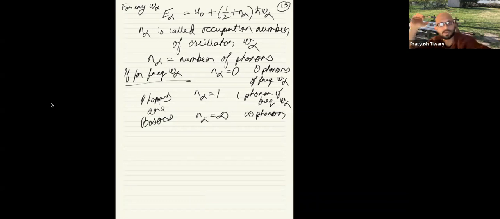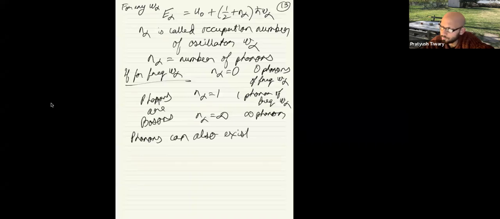One point I want to make here, which used to confuse me as a grad student, is that phonons can exist in classical mechanics also. Here I showed you phonons by introducing quantum mechanics, but phonons can also exist in classical mechanics, and you can look up Wikipedia on it. It really corresponds to stationary waves and things like that. You can read about it, but we are not going to get into that.